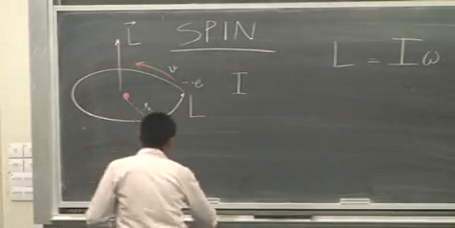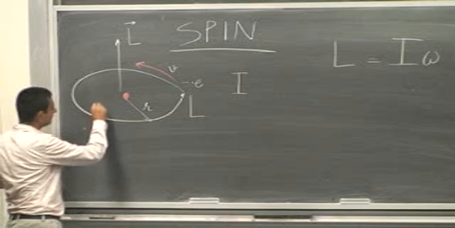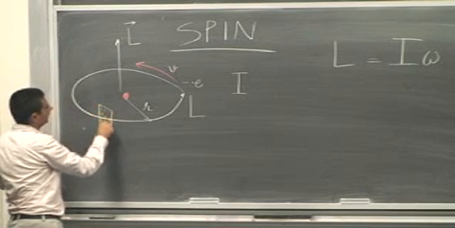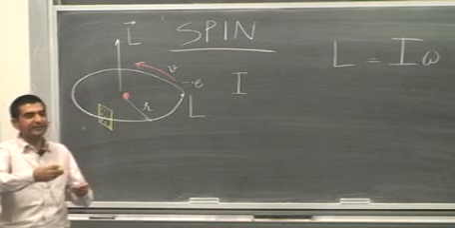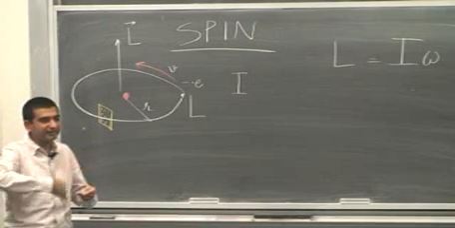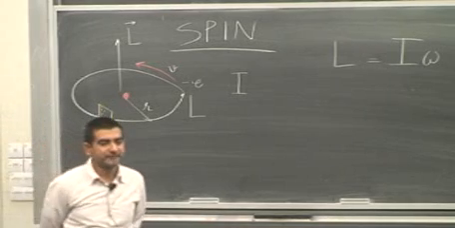One way to think of this is as follows. Suppose you have a hypothetical plane here on the orbit, and an observer is sitting on the plane. He or she wants to find out the charge that traverses this plane per unit time. That will be the current.